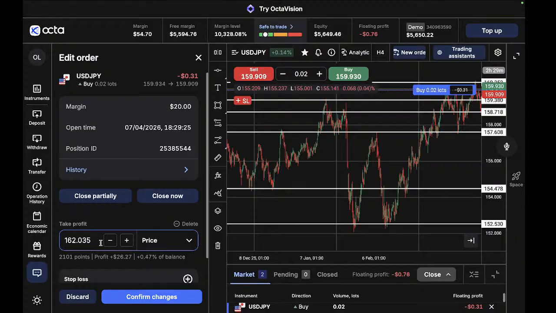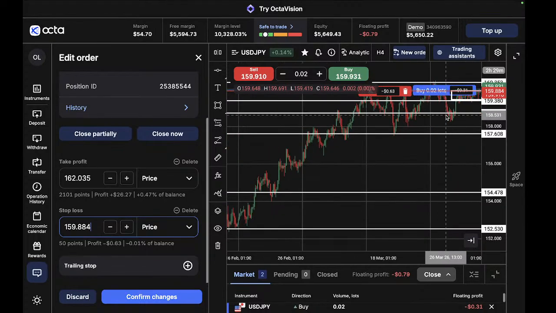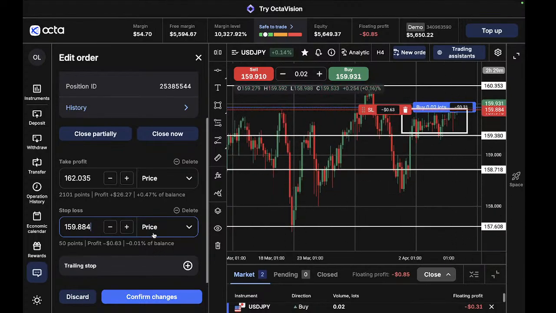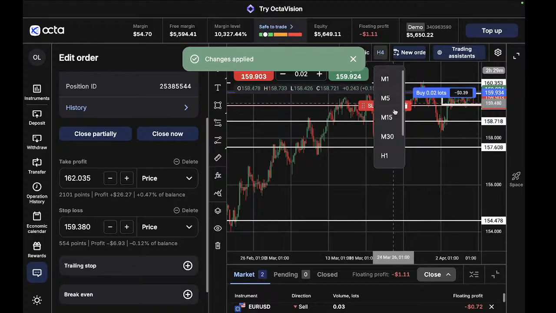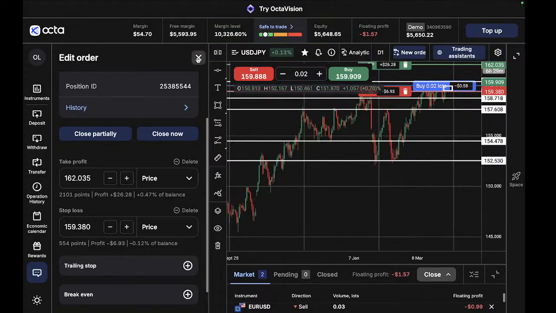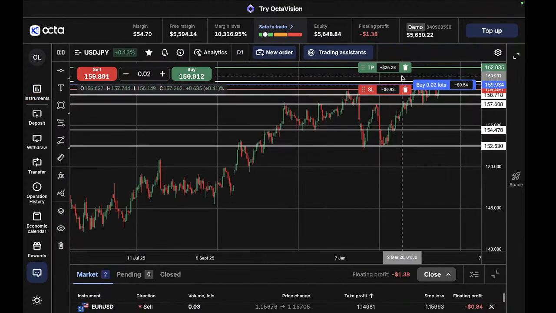Then stop loss, yeah, stop loss should just be 380. Oh, okay. So yeah, the potential upside here is $26 at take profit level and $6 if we hit a stop loss.